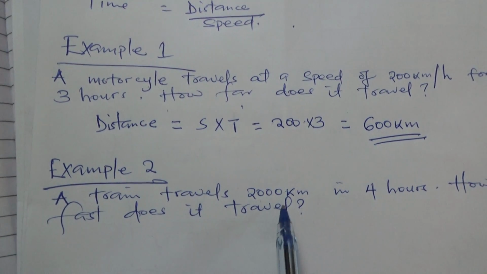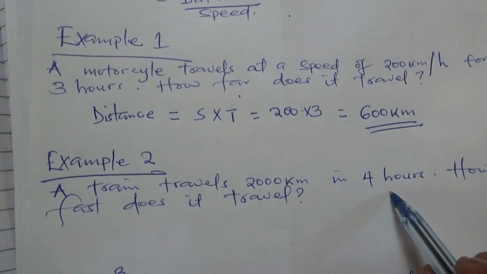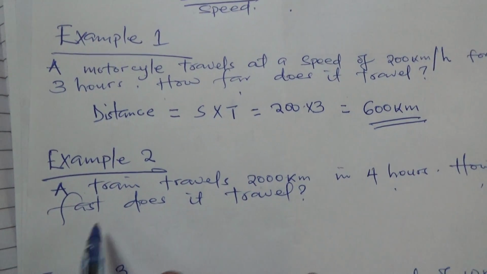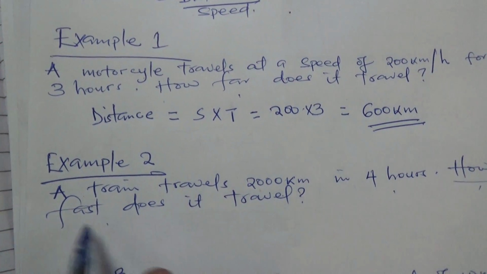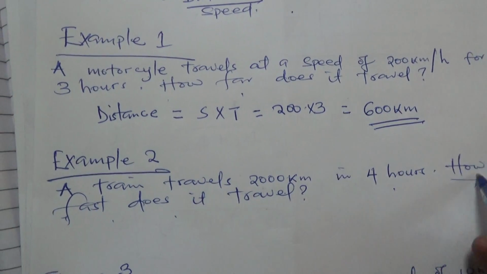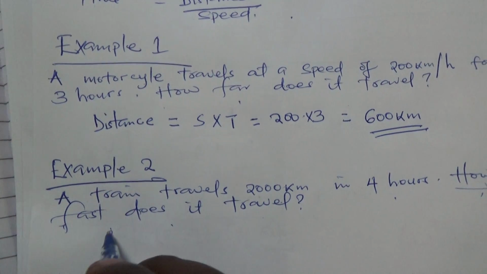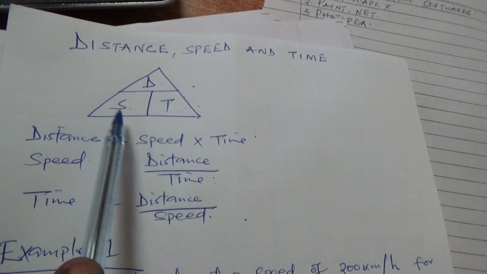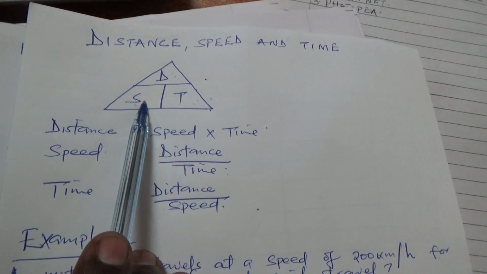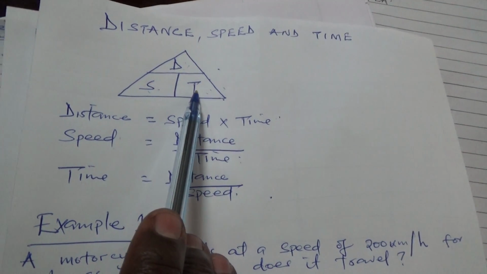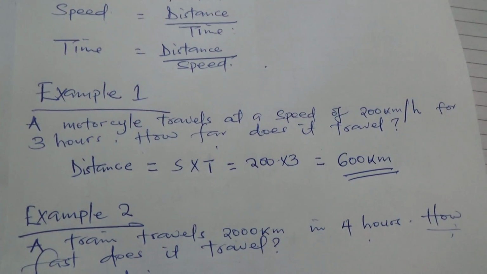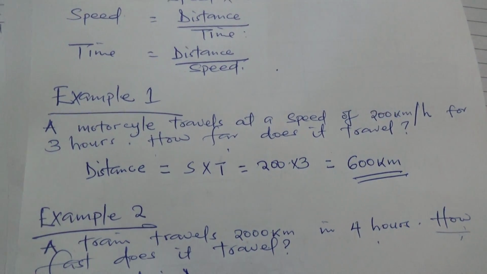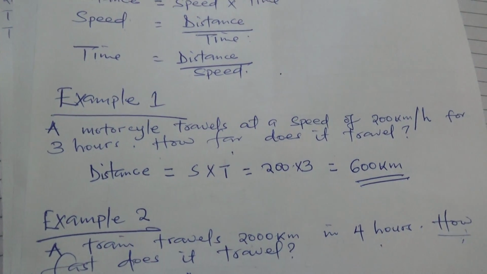Example 2. A train travels 2,000 kilometers in 4 hours. Right? How fast does it travel? How fast? This implies speed. And from the DST triangle, if you want to calculate speed, it is always D which is above T. So speed is equivalent to distance divided by time. Alright?